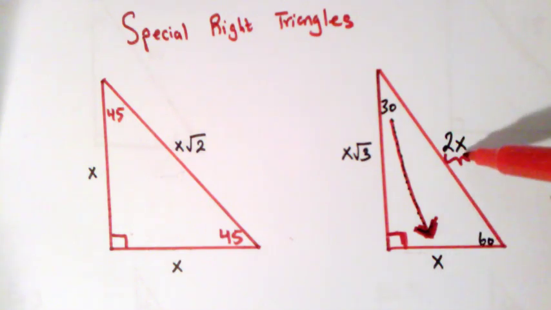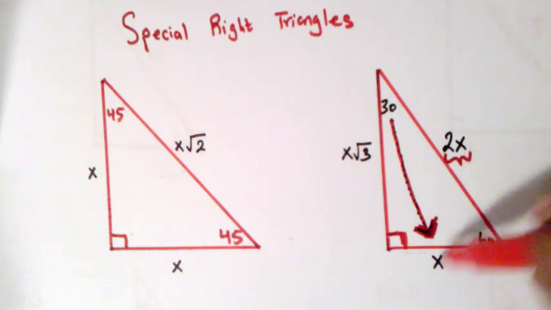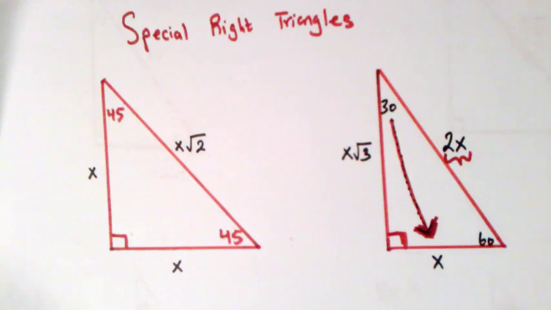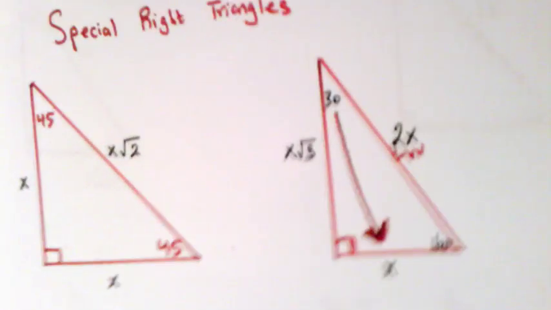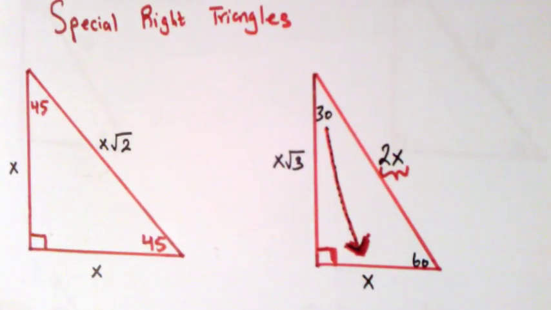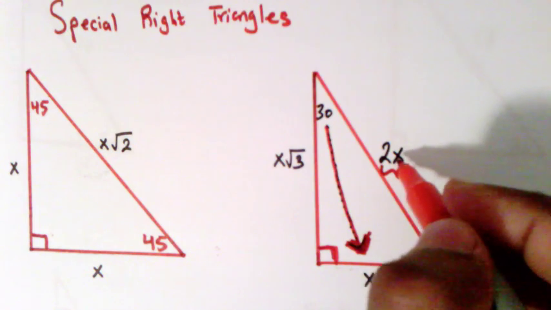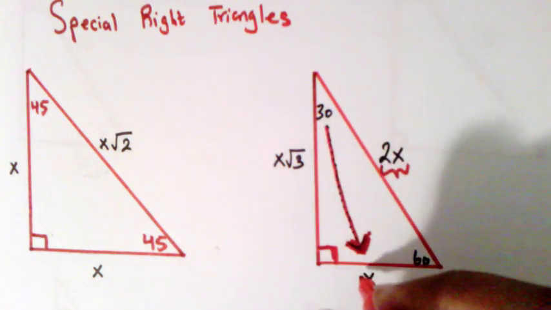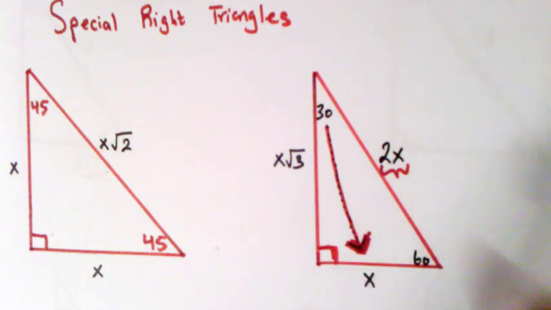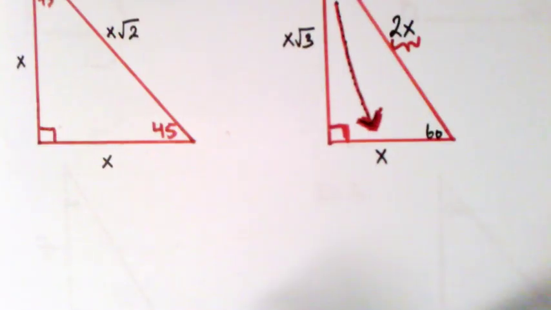Imagine that this is 2 times 5, which is 10. Half of that would give me 5, right? Not that hard to work with. So if my hypotenuse was 20, for example, the side opposite my 30-degree angle would be 10, right?